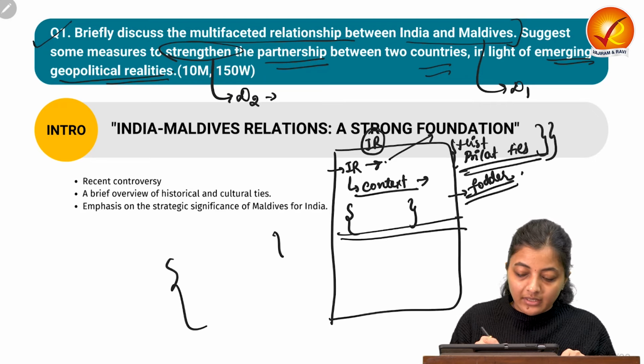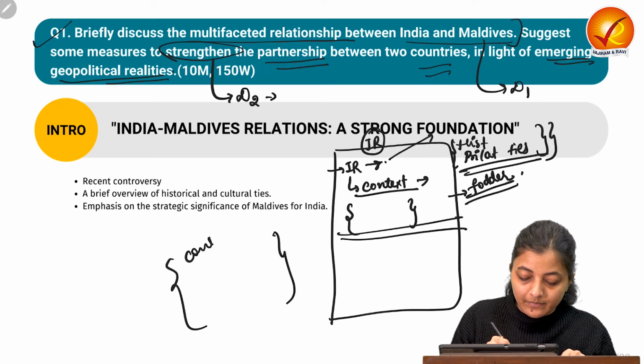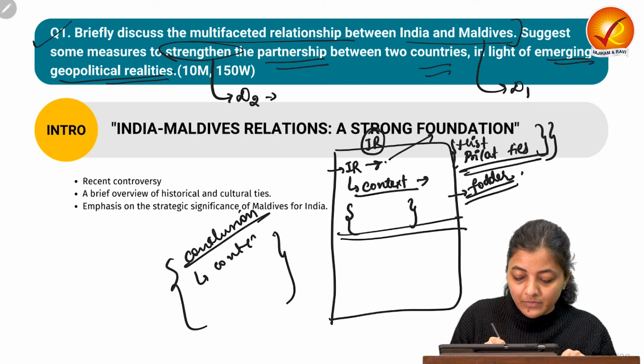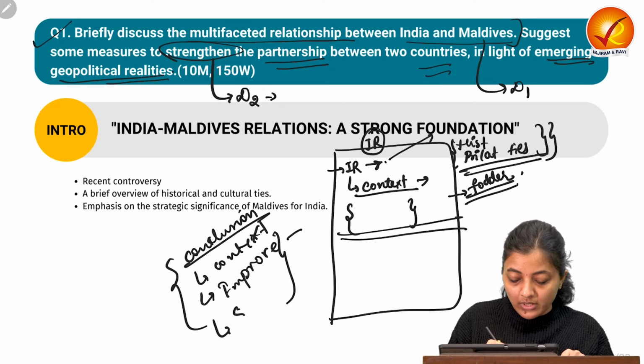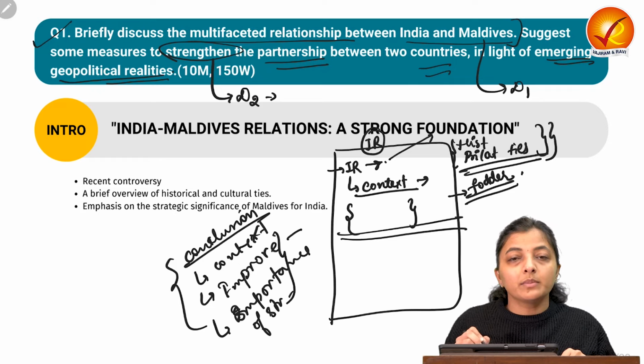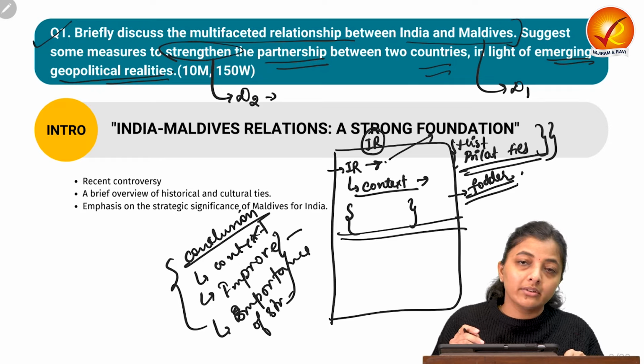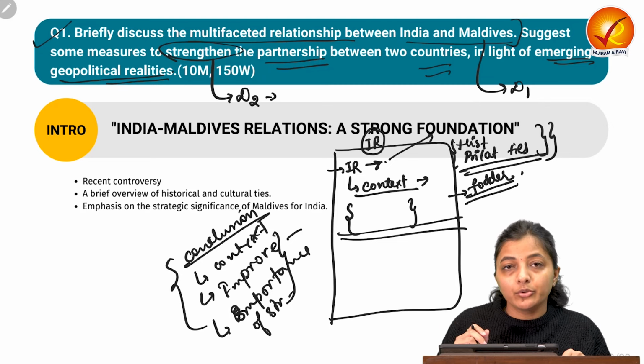And finally, in the conclusion, again, you can write the context-based points, or how to improve the bilateral relations and the importance of strengthening them, so as to maintain mutual trust and a cordial relationship in the Indian Ocean region.